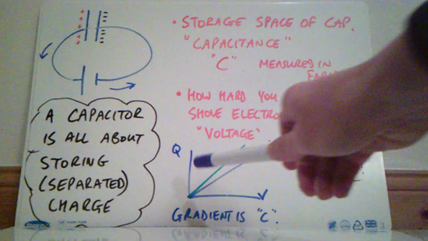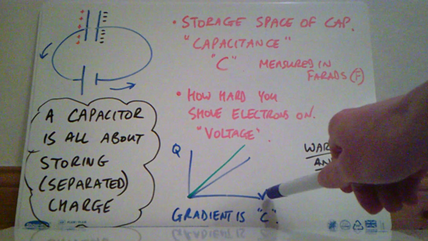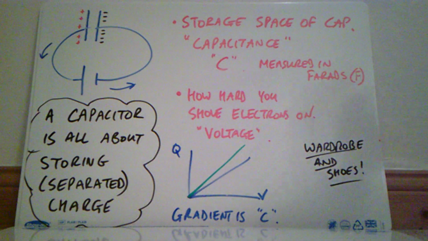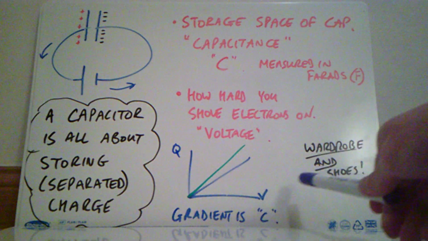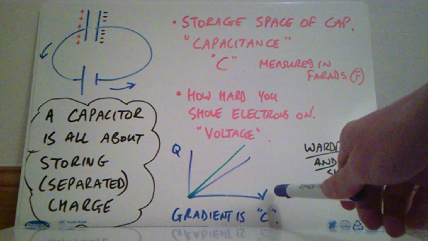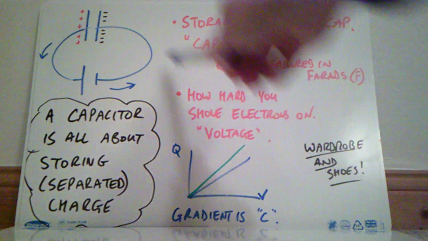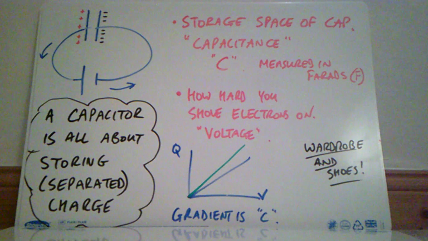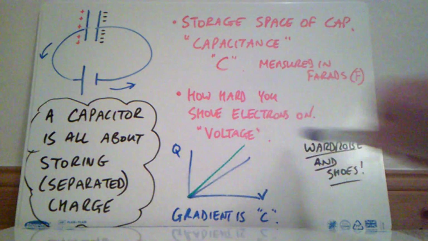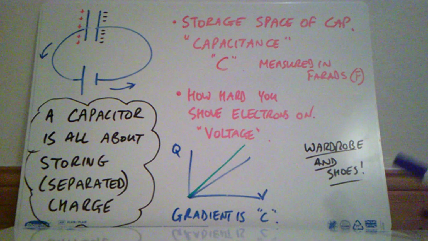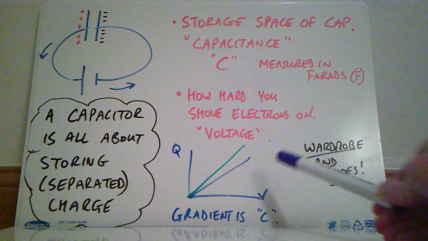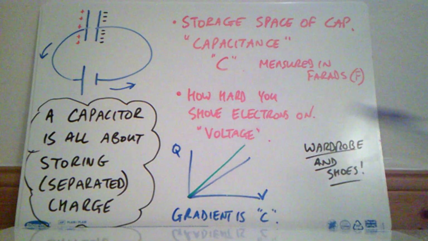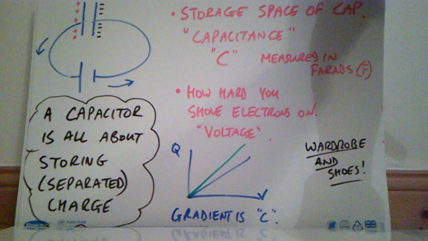If you have a charge-voltage graph, then as you push more and more shoes into that cupboard, more and more shoes will fit in. It's the same thing: the bigger the voltage you use, the more charge you can shove onto a plate, until the plate starts repelling. And the gradient here is the capacitance C. So if you've got a bigger capacity wardrobe, then for a given size shove, you can fit more shoes in it.